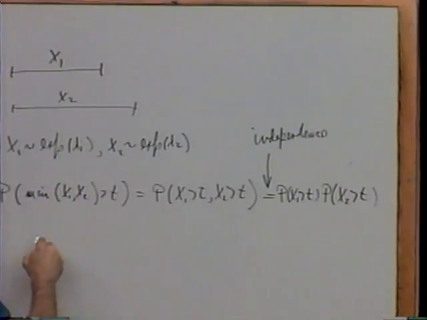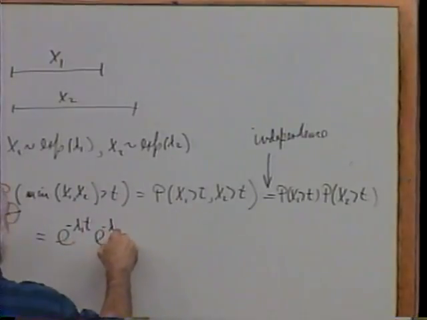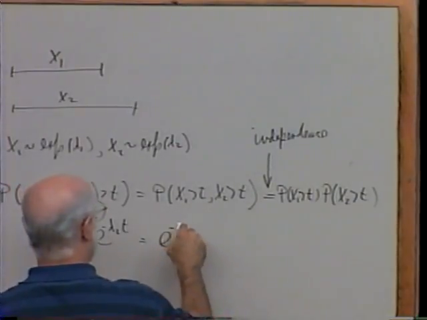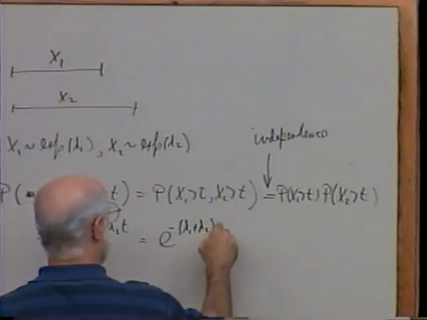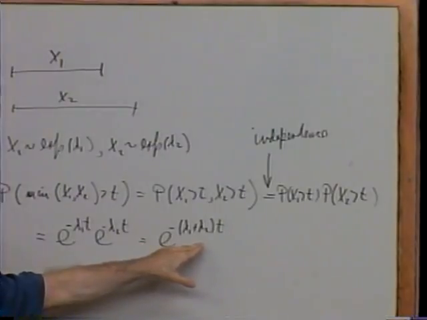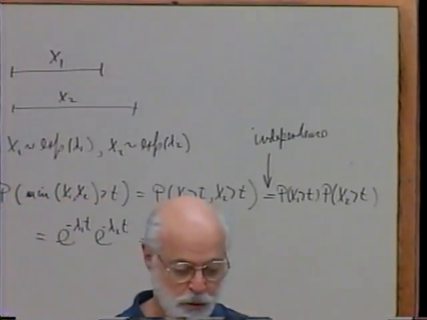Because these are exponential, the first probability is e to the minus lambda 1 t, and the second one is e to the minus lambda 2 t. By arithmetic, that's e to the minus (lambda 1 plus lambda 2) t. So if we have independent exponentially distributed random variables, the minimum is also exponentially distributed, with a rate equal to the sum of the original rates. That's a fact I'm going to use in a moment.